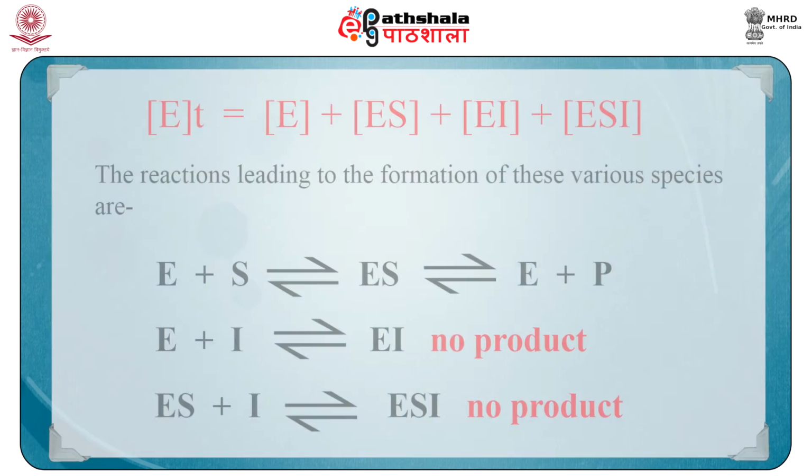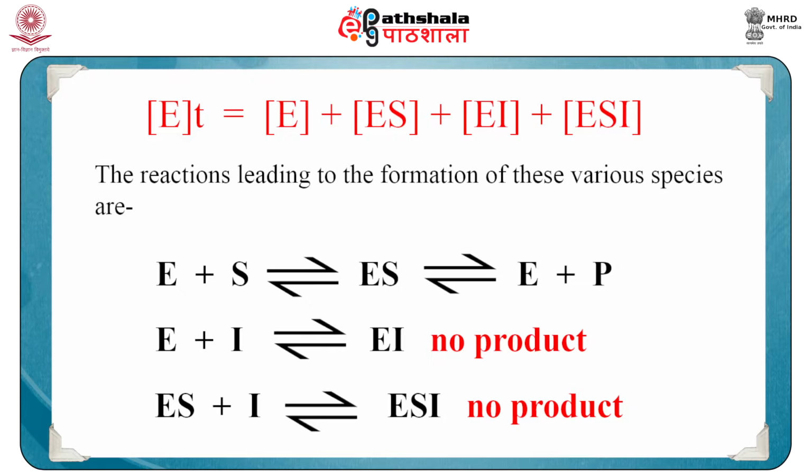The various enzyme species in the presence of a mixed inhibitor are therefore ET equals E plus ES plus EI plus ESI. Note that mixed inhibition has the features of both competitive and uncompetitive inhibitors.